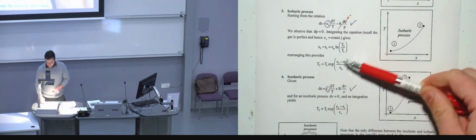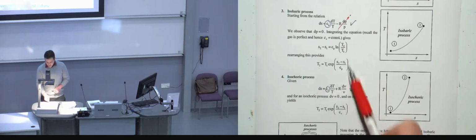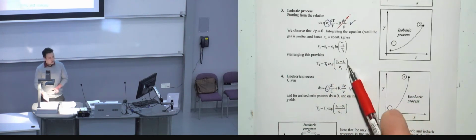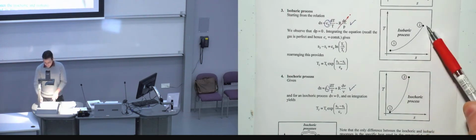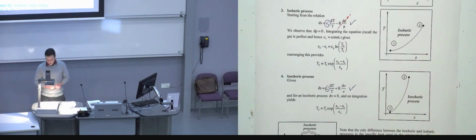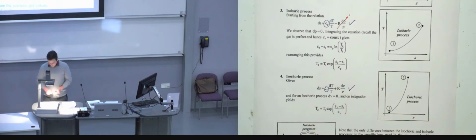And if you are just interested in T2, you can rearrange this equation in terms of T2 and then get an exponential equation. This explains why you have this type of curve, because it is a typical exponential curve. So T2 and T1 are related through this exponential curve, which is defined in here.